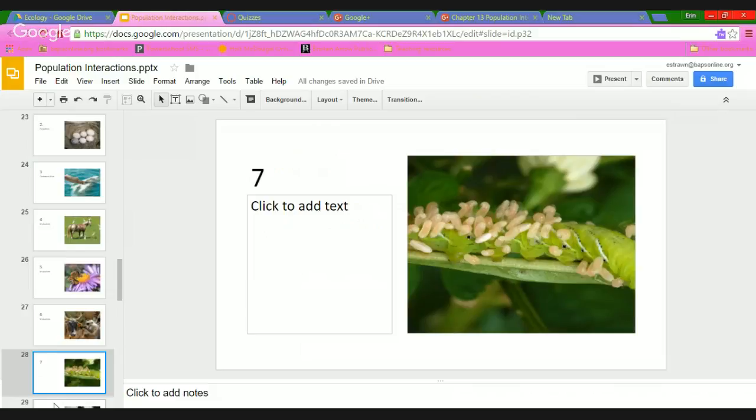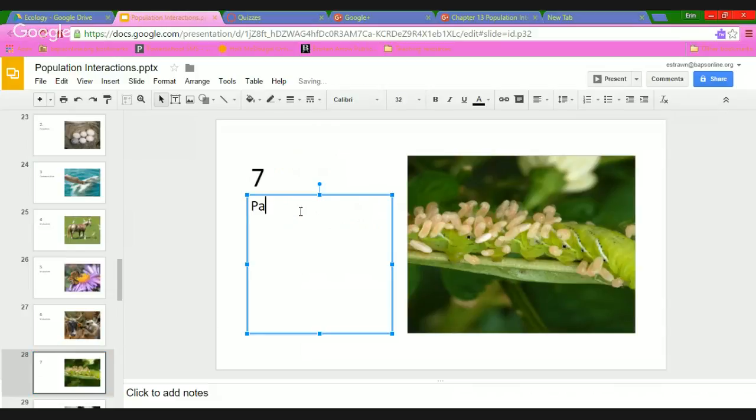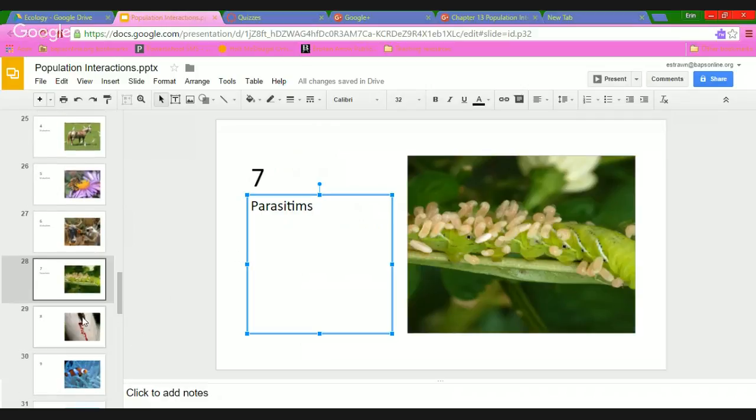What type of relationship do you think this is? Go ahead and pause it and type it in. If you said parasitism, you are correct. The wasp benefits and the caterpillar is definitely harmed.